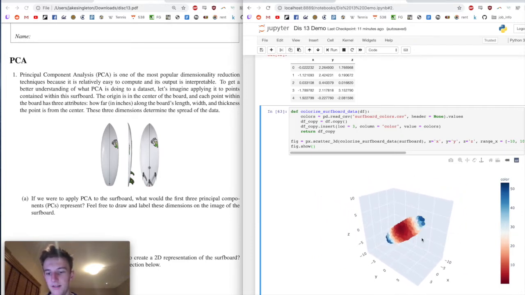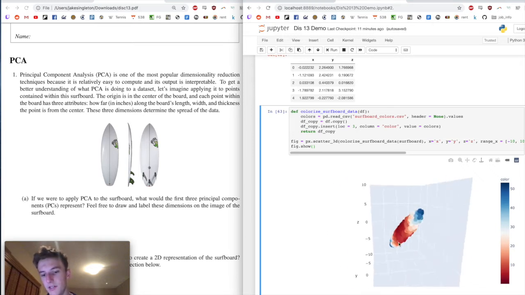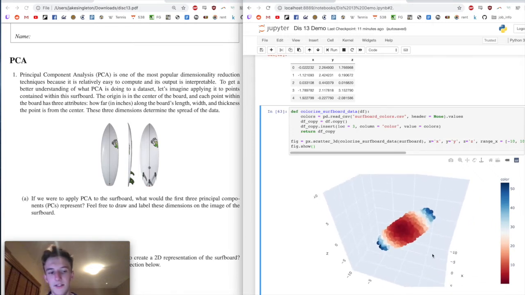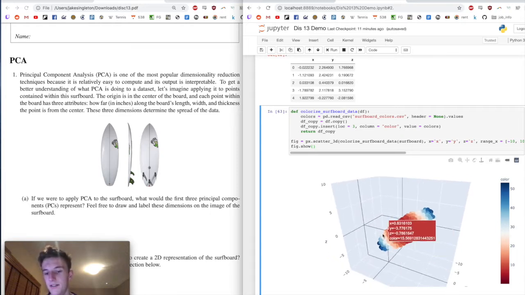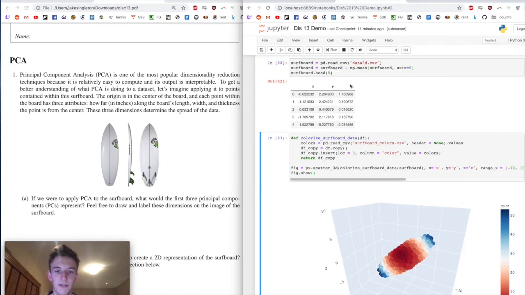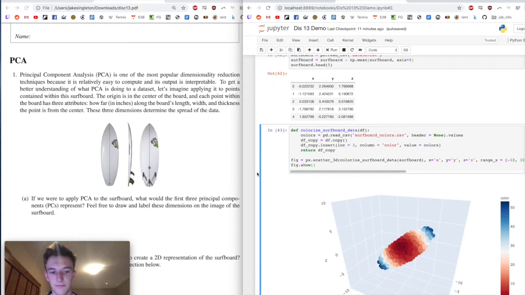You can imagine this is a better representation than this 2D surfboard on the page, since you can see all 3 dimensions. Remember, this is our original 3-dimensional data, with 3 features, X, Y, and Z, corresponding to the dimensions of the surfboard.